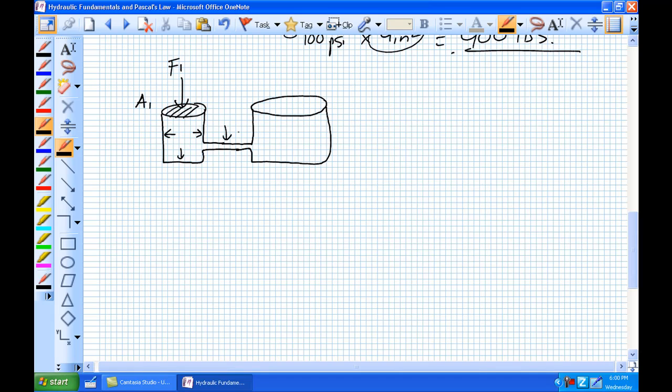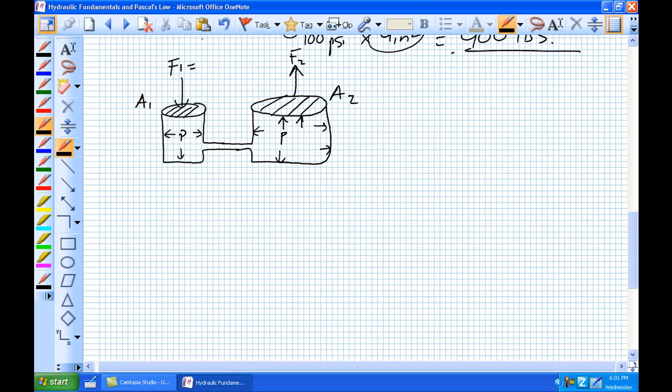But because of this little tube right here, according to Pascal's law, experiences the same pressure, undiminished in all directions, including up. Acting on this surface area here, A2, which is substantially larger, implying force 2 will be larger. Again, this pressure is equal throughout all of these interconnected passageways because of Pascal's law.